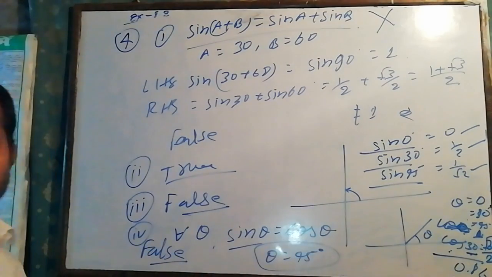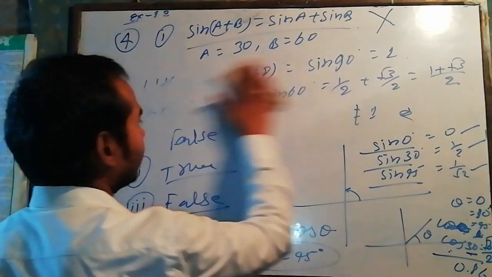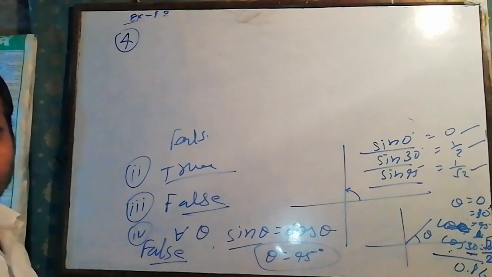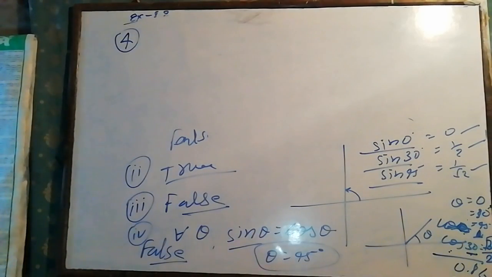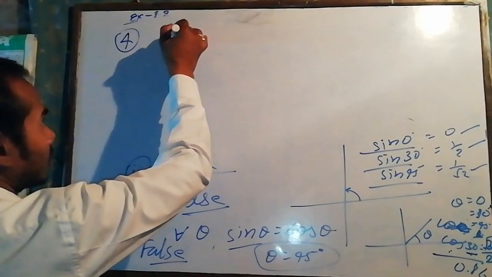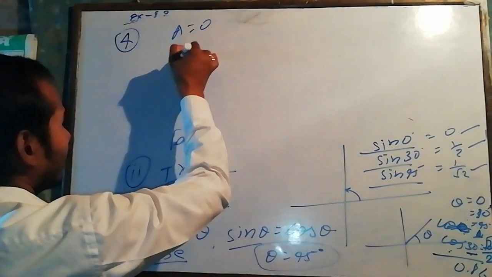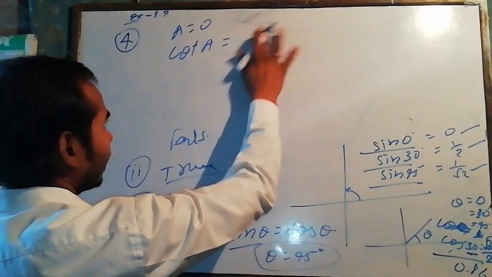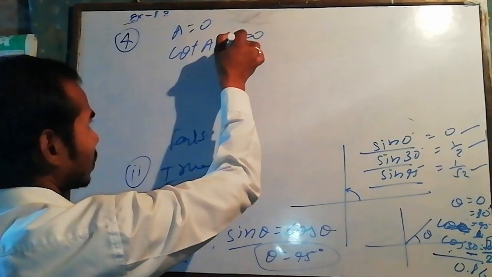Now we will see question number fifth of fourth, the last of this exercise 8.2. At A equals 0, cot A is not defined.